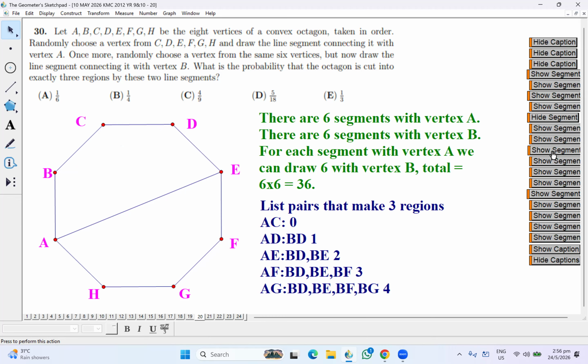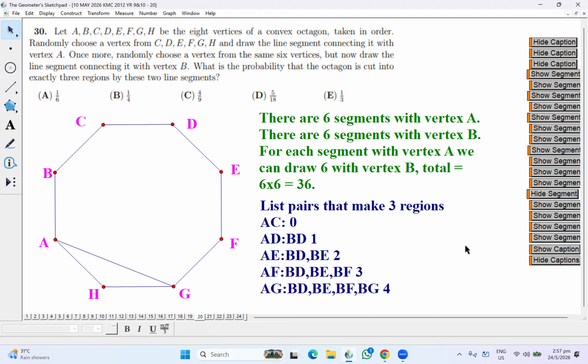Then we go AF. AF can have 3 points, BD, BE, BF. 3 segments can make 3 region. Okay, I think I don't have to show already. 1, 3 region. This one, 3 region. This one, 3 region. So then finally AG.